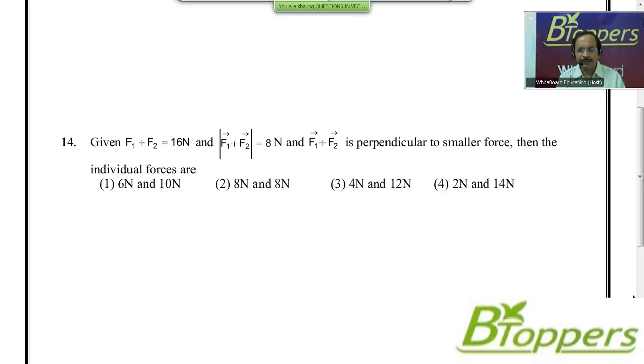The resultant is perpendicular to first force. Come on, try this problem. In case you need more time to try the problem, you can take a pause and try this problem. Look at the next question.